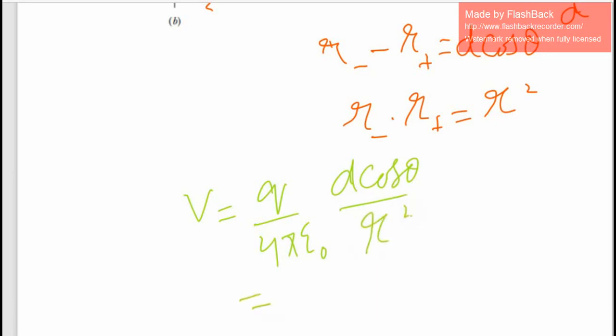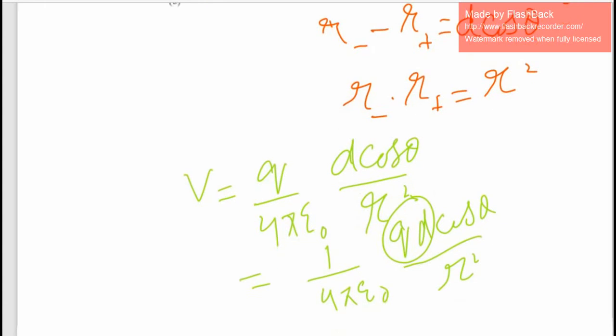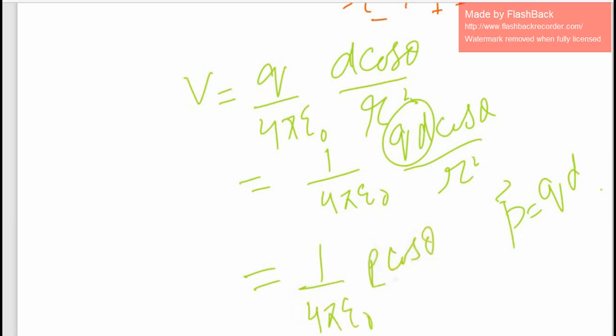So again, 1 over 4 pi epsilon naught, q d cos of theta over r square. What is this qd? This is the magnitude of the electric dipole moment, p is equal to qd. So by replacing this qd with p, p is the magnitude of the dipole moment over r square.